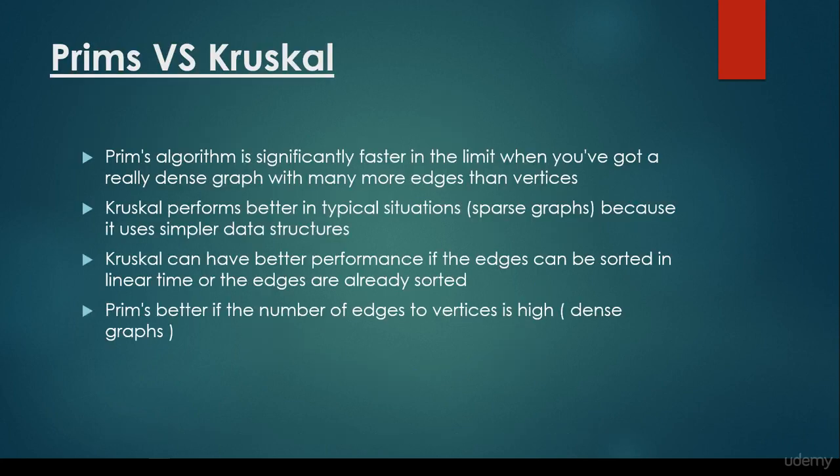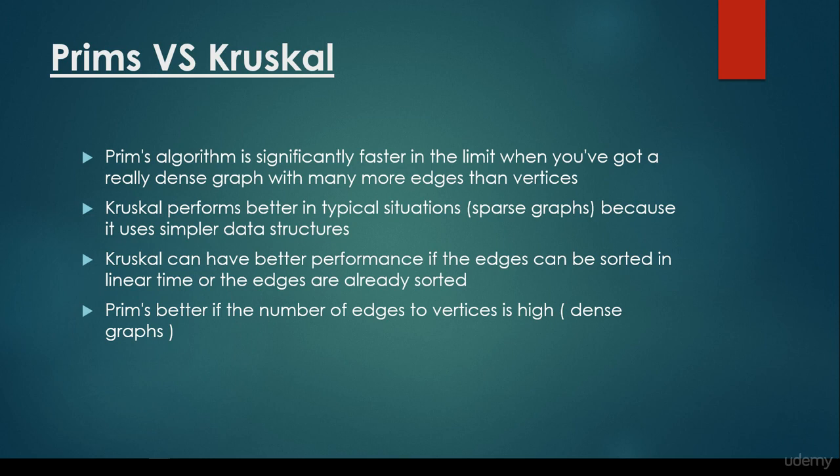Okay. In the end, I would like to summarize the difference between the Prim's-Jarník and Kruskal algorithms and when to use them. Prim's algorithm is significantly faster in the limit when we've got a really dense graph with many more edges than vertices. So when the number of edges is way more than the number of vertices, then it's definitely worth using the Prim's-Jarník algorithm with the heap abstract data type.